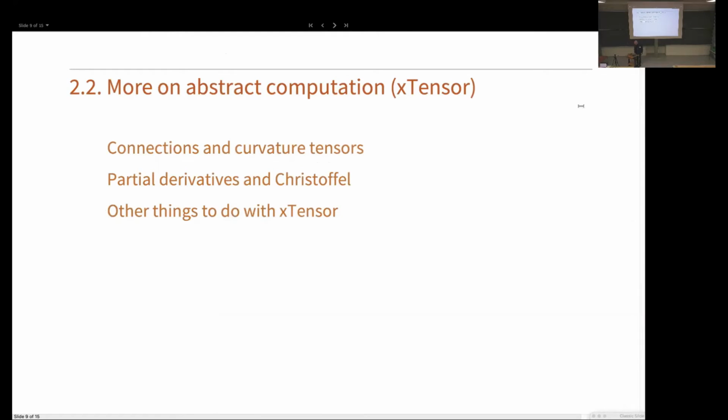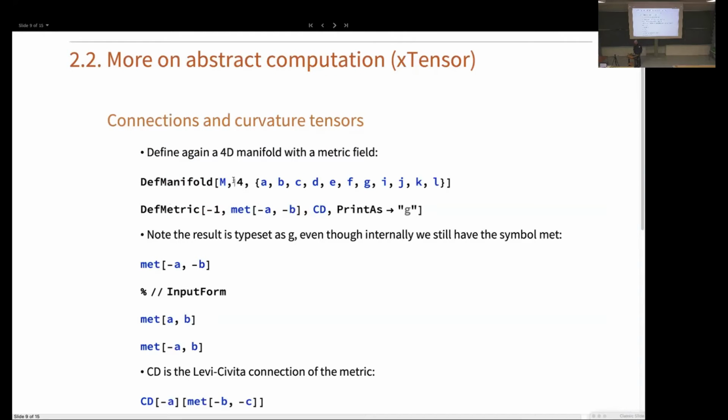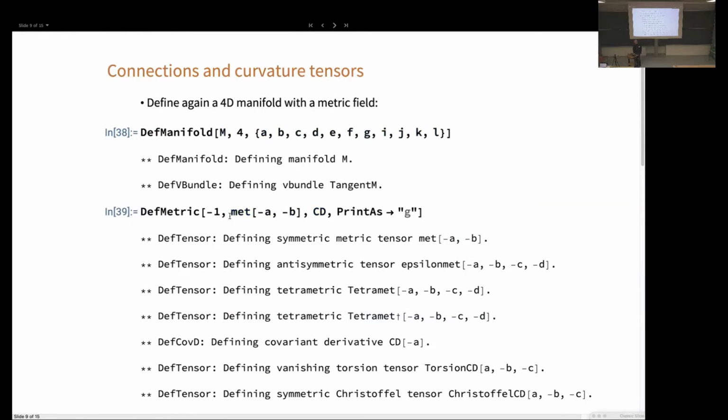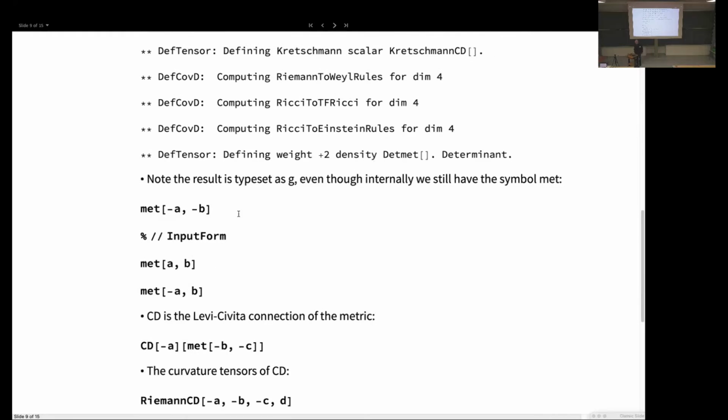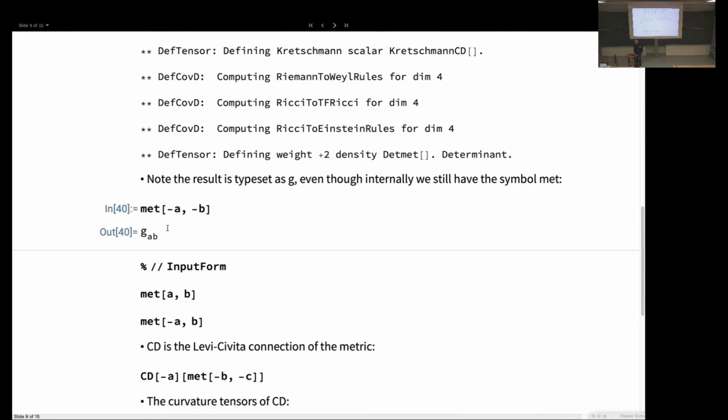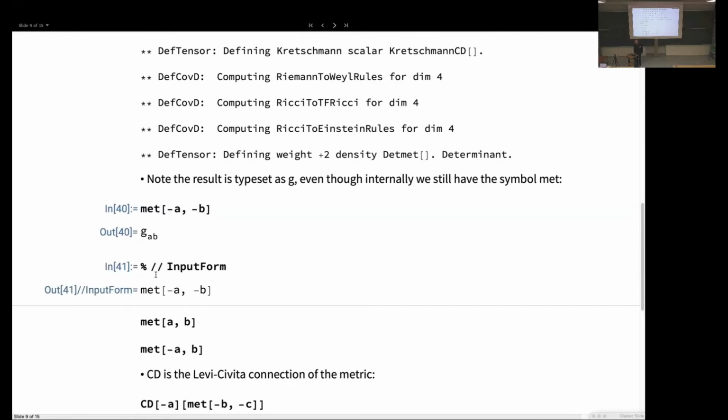Okay, so let's do something not so trivial. Again, we define a manifold. Now I'm going to define a metric called met, which is going to be printed as G. I don't want to call it G because G is an index now. You cannot have two objects with the same name. G either is an index or a metric or a connection, whatever, but it cannot be two things. So the metric is called met, it's printed as G, so internally it's still met.